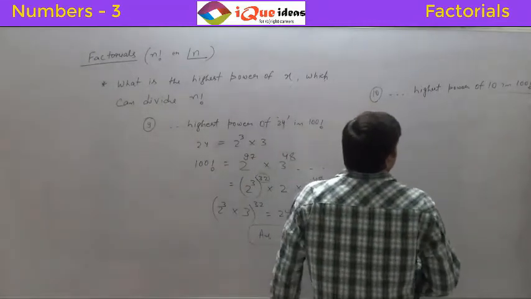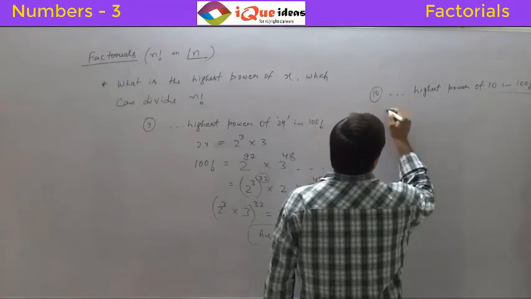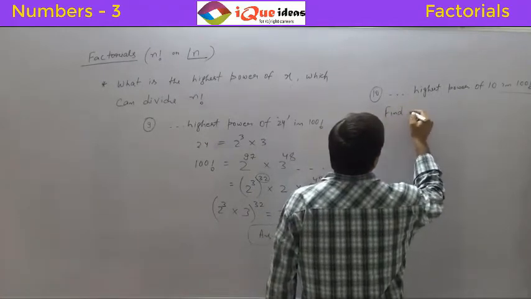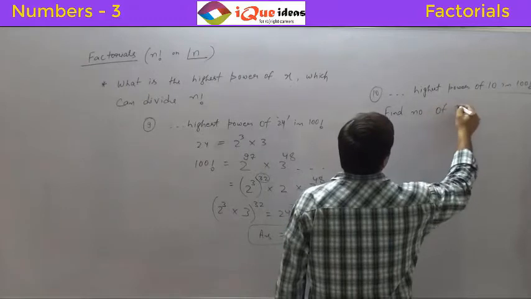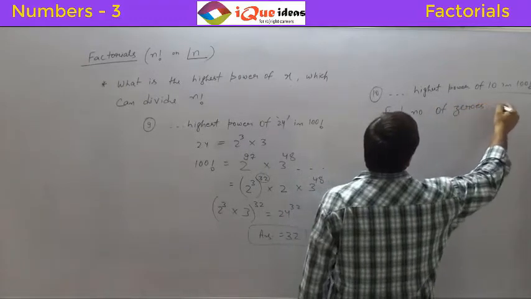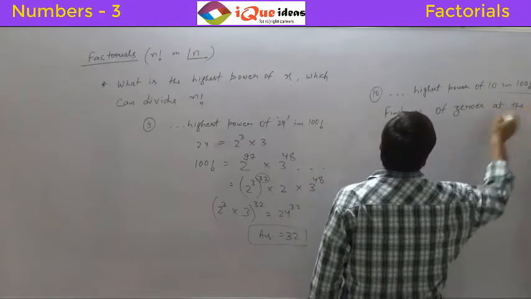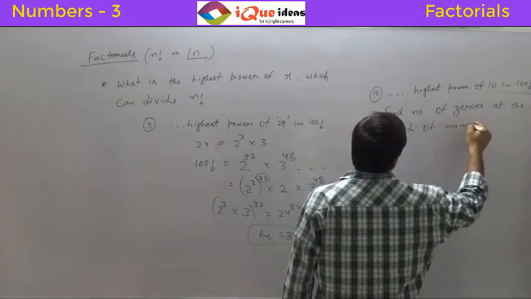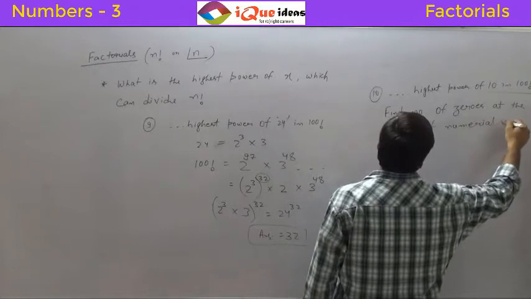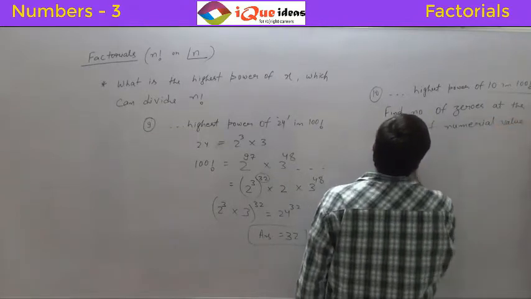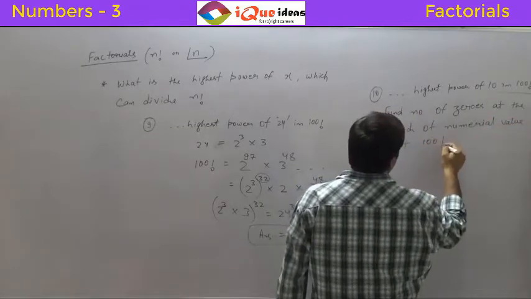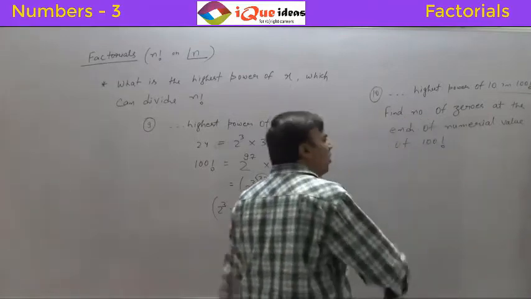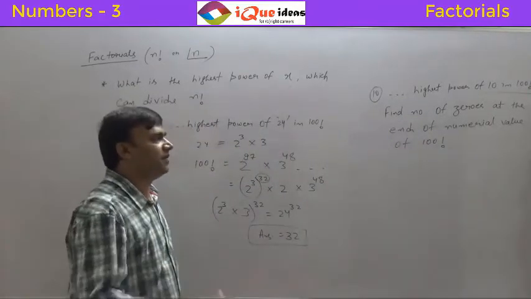So this question could have been rephrased: find the number of zeros at the end of the numerical value or decimal value of 100 factorial, or simply the number of zeros at the end of 100 factorial.